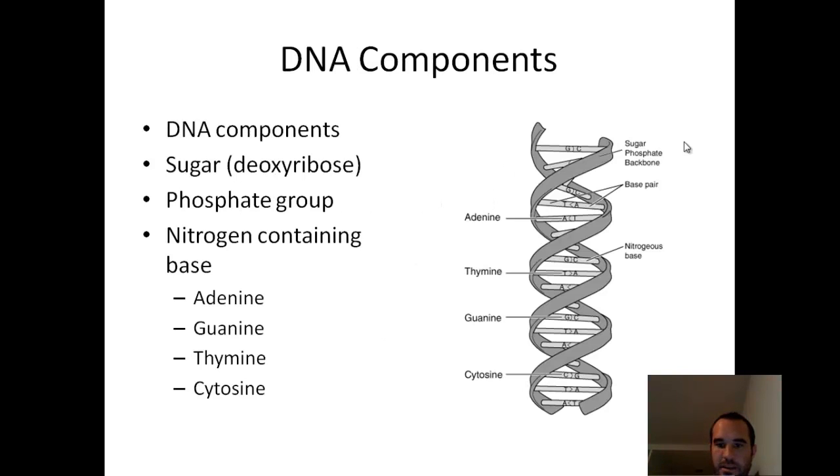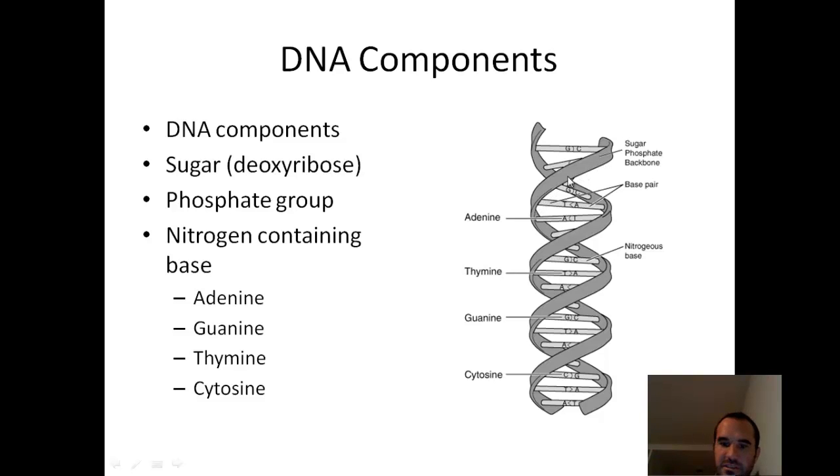If you look here on the right, this is an example of DNA showing its components. We have the sugar phosphate backbone. This part winds around on the outside. And the sugar is deoxyribose, so that gets the D in the DNA name.